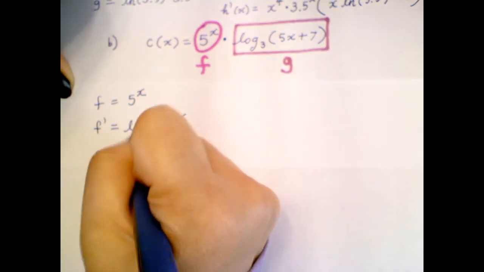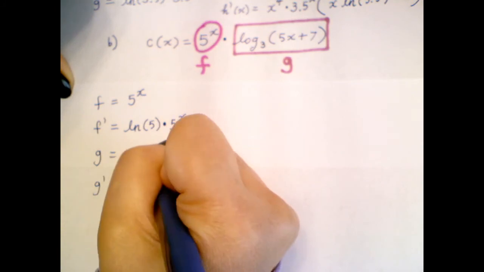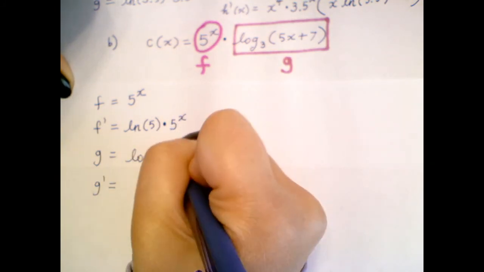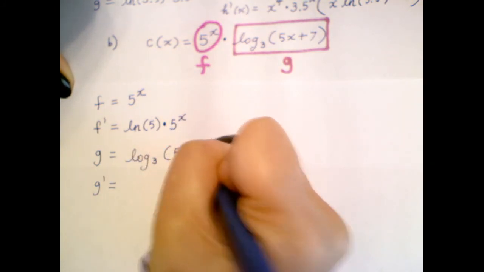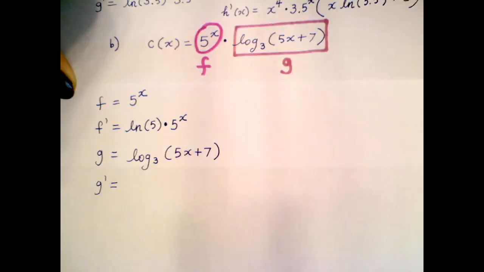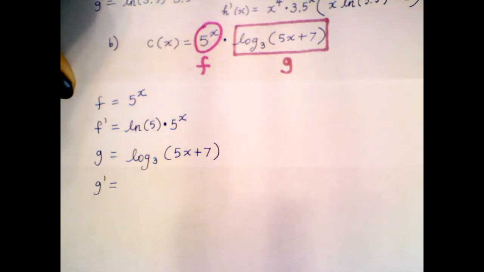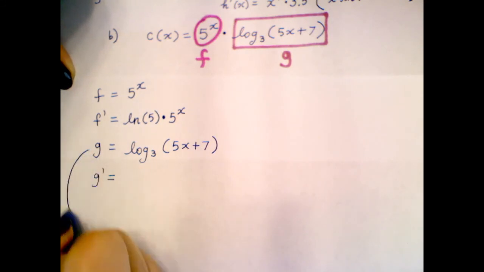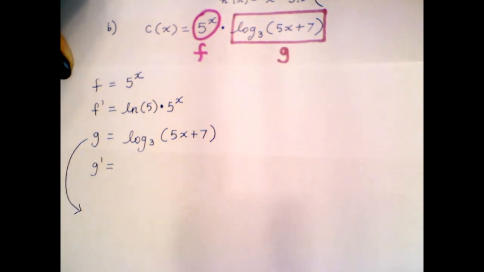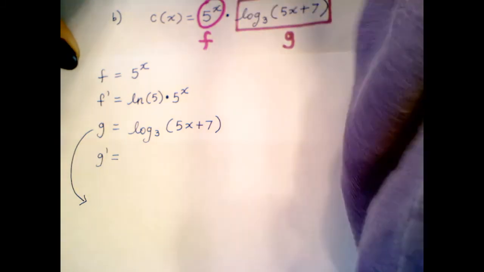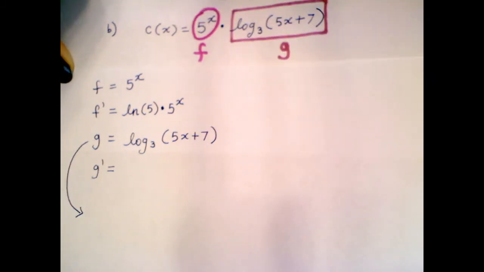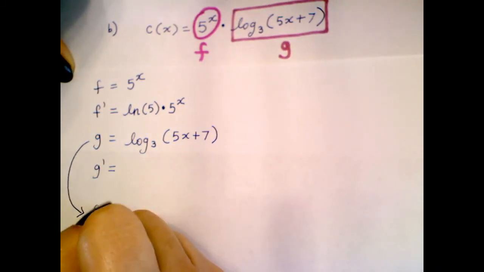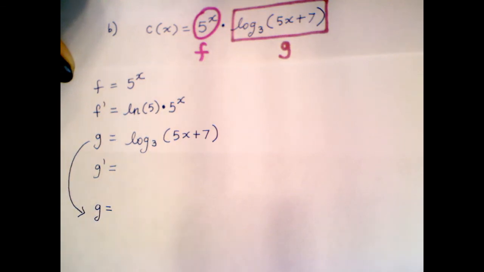G is log base 3 of 5x plus 7. Now, we're going to take the derivative of that, and that's what we learned in our very first video. And remember how we did this? I'm going to do the work down here. I'm actually going to review that first part in this video. Rewrite G using the change of base formula.